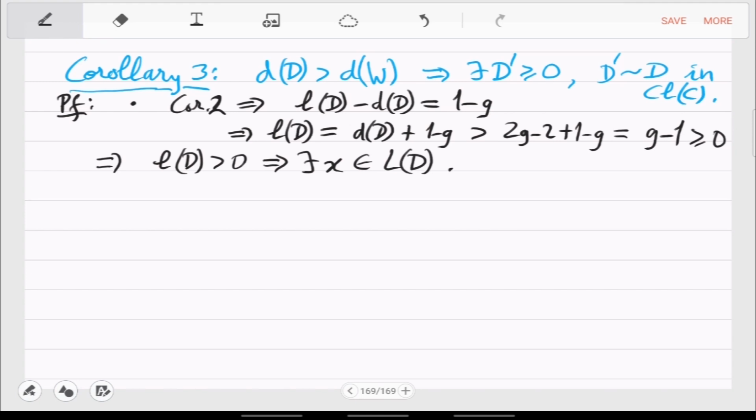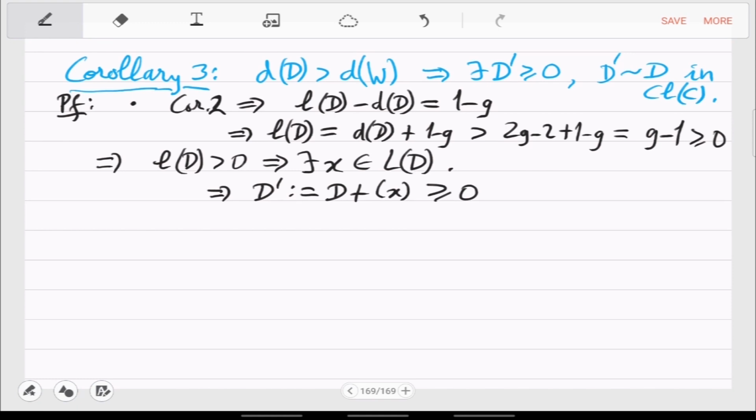This LD space is not empty, and when that happens, by definition you have D plus X greater than or equal to 0. You choose this as your divisor.